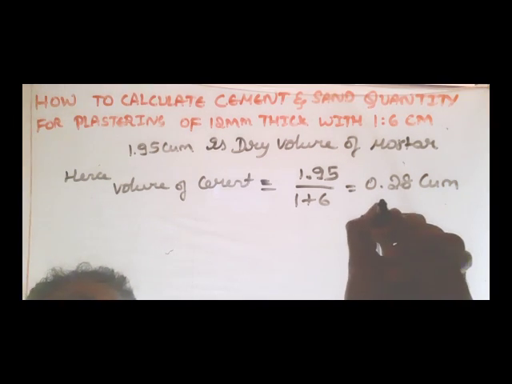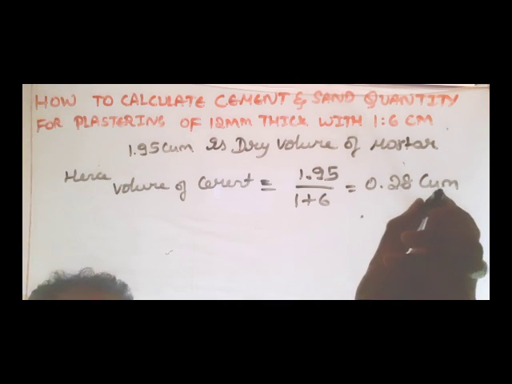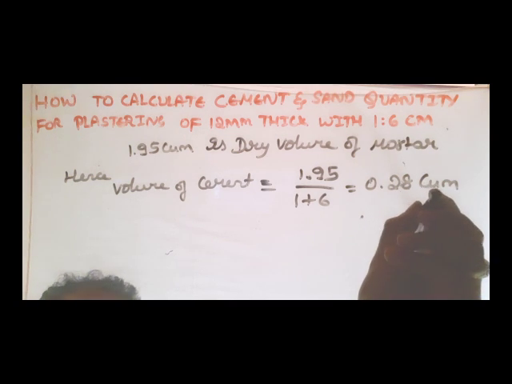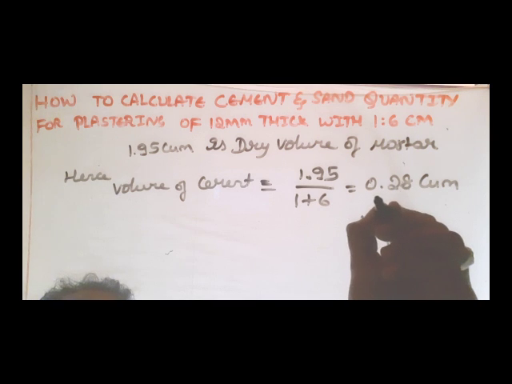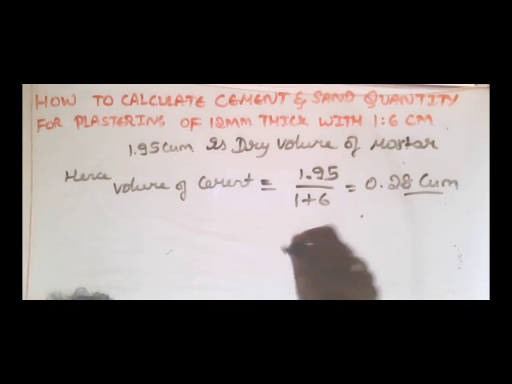But if I go to the market to purchase this cement, I can't ask the person to give me 0.28 cubic meter of cement. The cement is dealt in the form of bags, right?